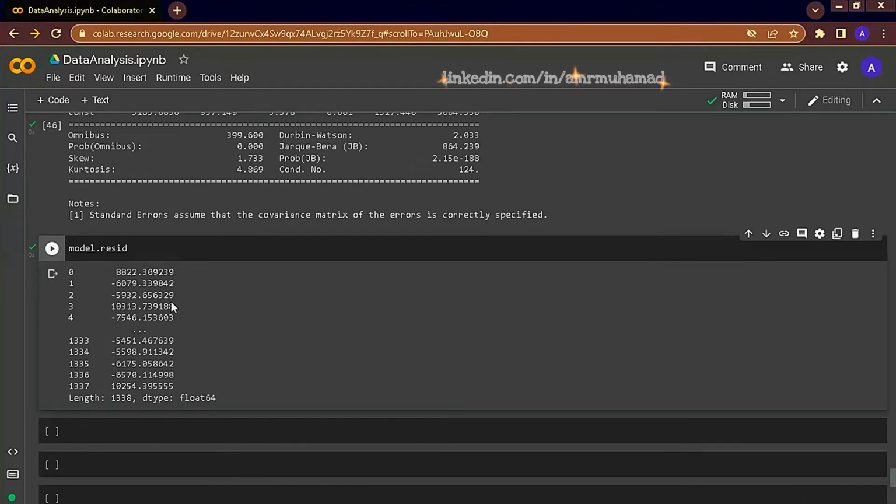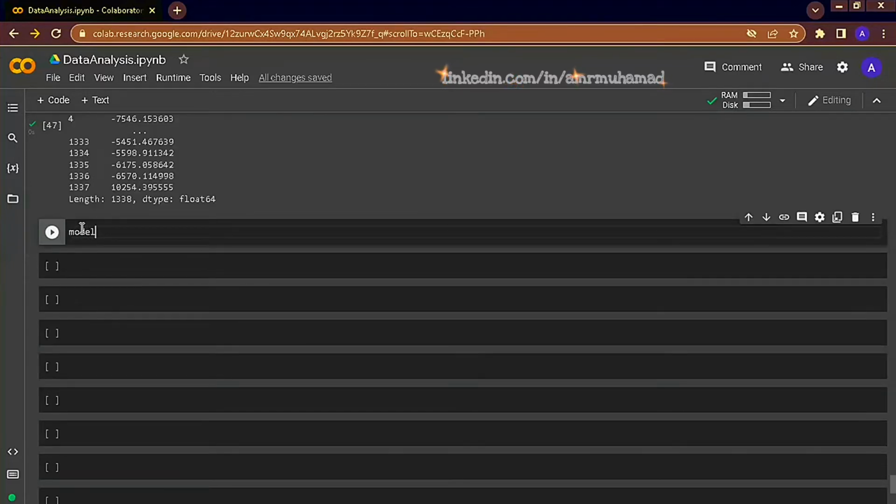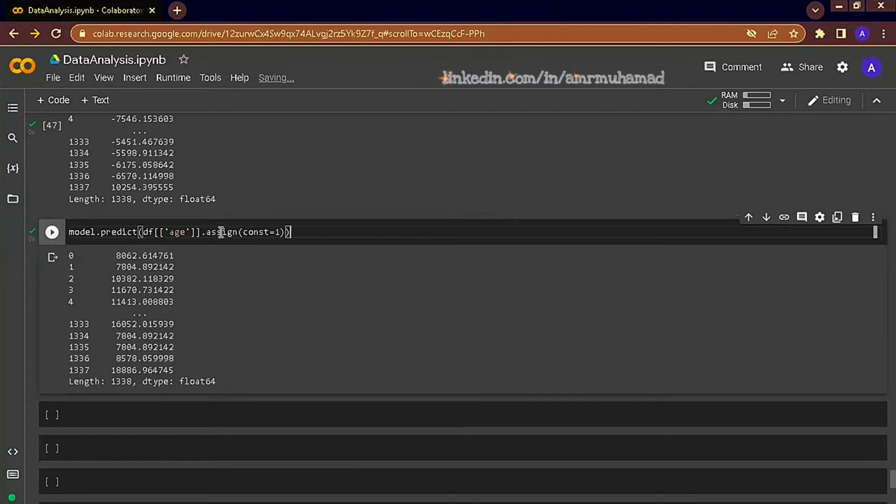If we want to understand where this actually comes from, let's generate predictions using our model. So model.predict, df age, and let's assign the constant. These are the predictions given the age feature.